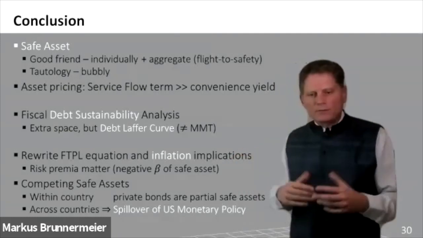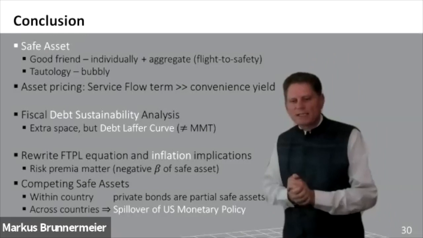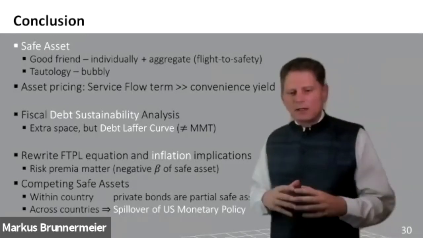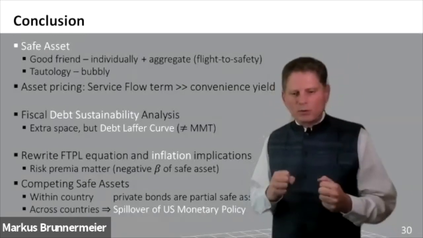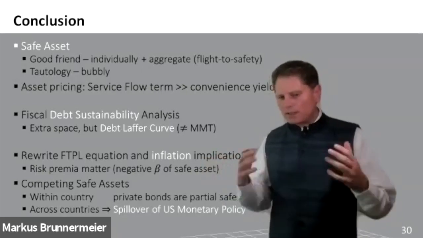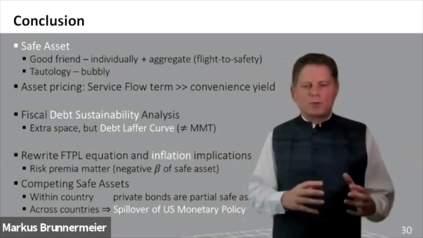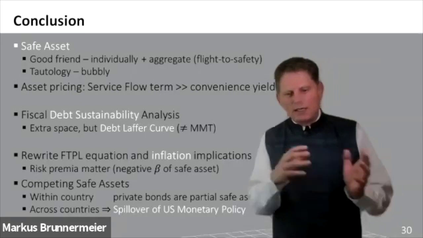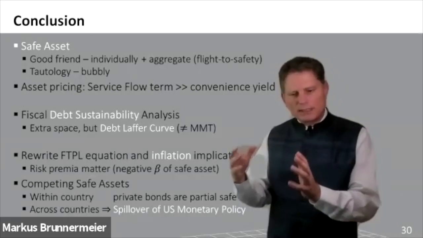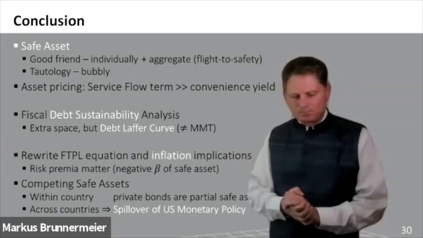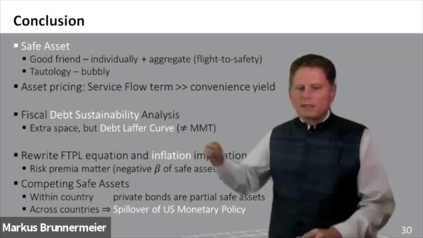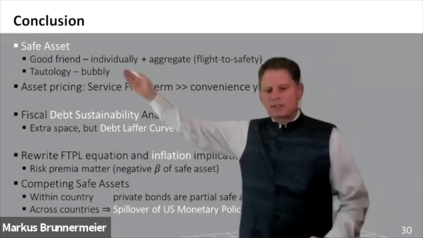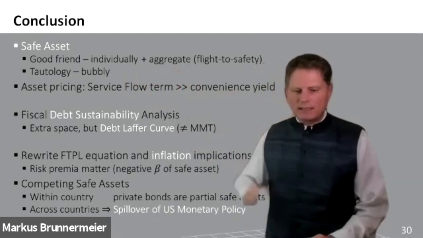And finally, I argued there are some competing safe assets. What really gets exciting is when you have not only one safe asset, but also competing safe assets. So within a country, it's not only the government bond which is a safe asset. There might also be some particular corporate bonds which are safe assets, but they might not have this aggregate aspect. They might have this individual aspect, but not the aggregate aspect.